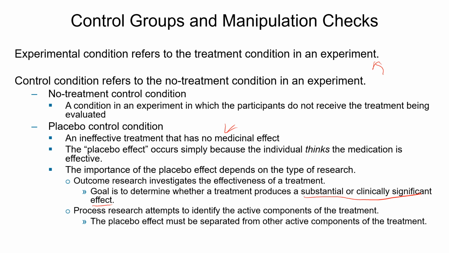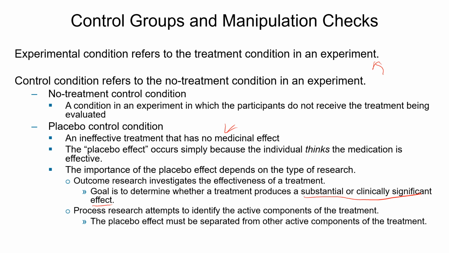But that drug has side effects, or the effect is just barely more than the placebo effect. Then that drug isn't a good drug because it has an insubstantial or non-clinically significant effect. It has an effect, but its effect isn't big enough to justify the side effects or the risks and the expense of giving that drug.